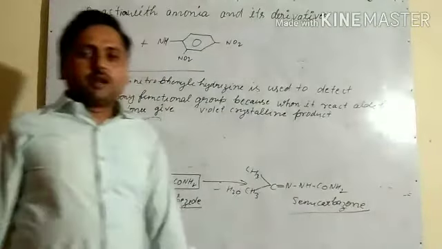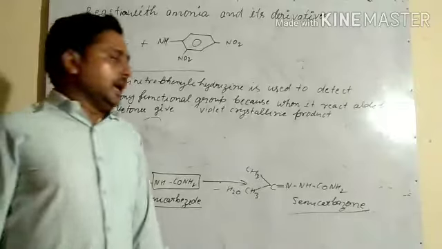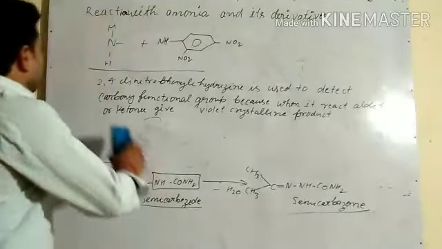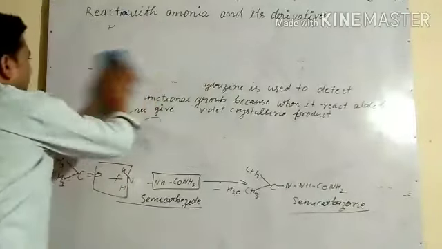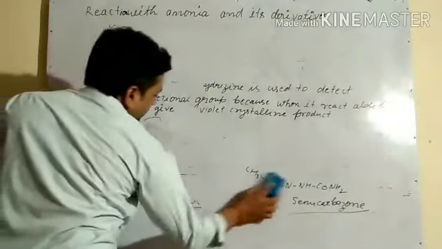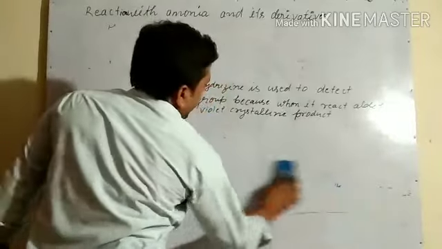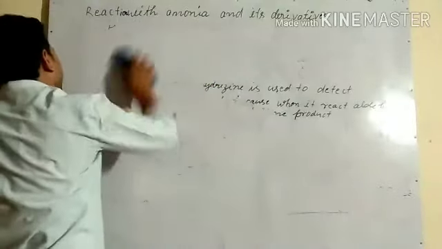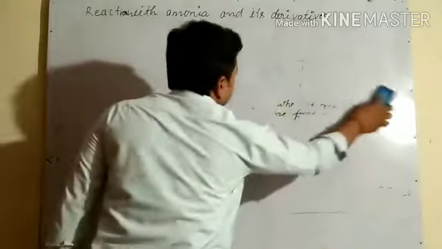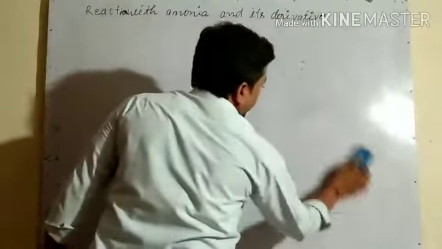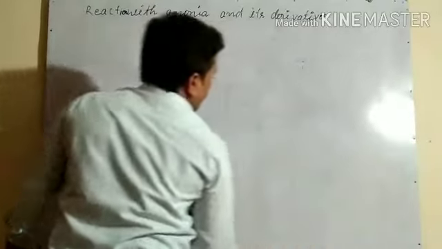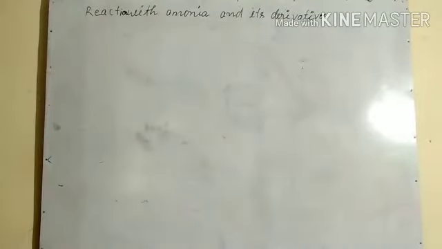In this case, we are taking primary amine. If one hydrogen of ammonia is replaced by an R group, meaning alkyl group, we get amine. And when amine reacts with aldehyde and ketones, they form Schiff base. So remember it. Let us see the reaction.